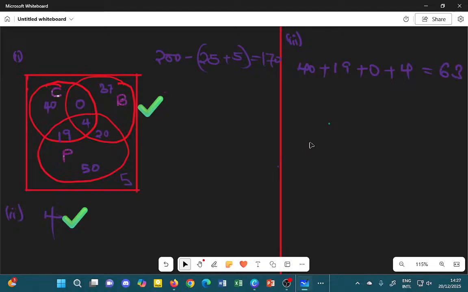So the proportion that we want is 63 out of 170. 63 out of 170.